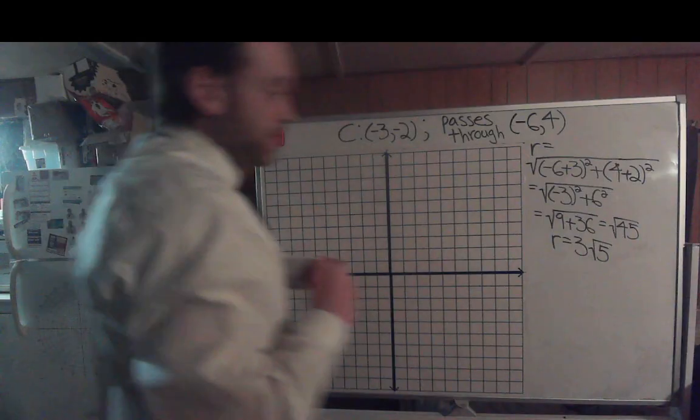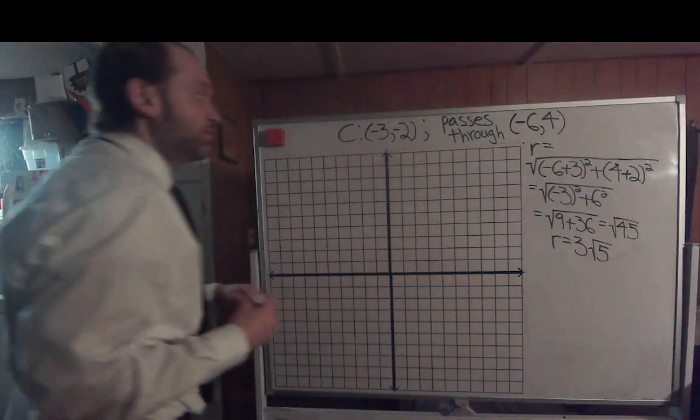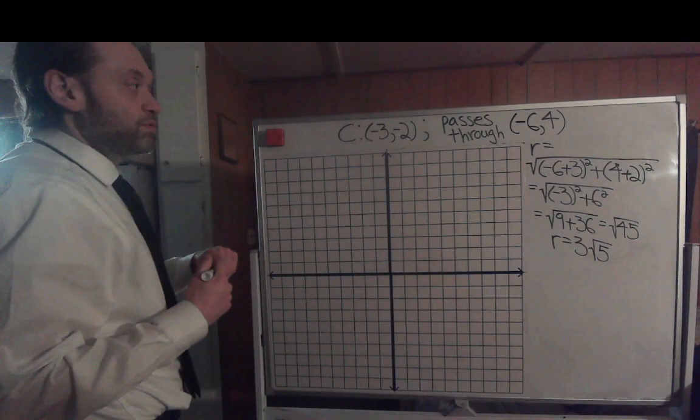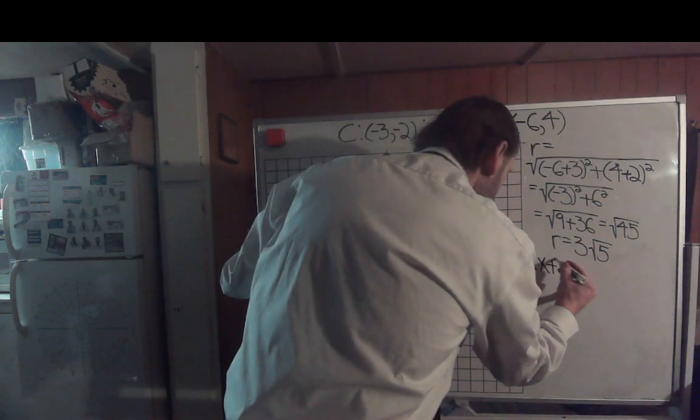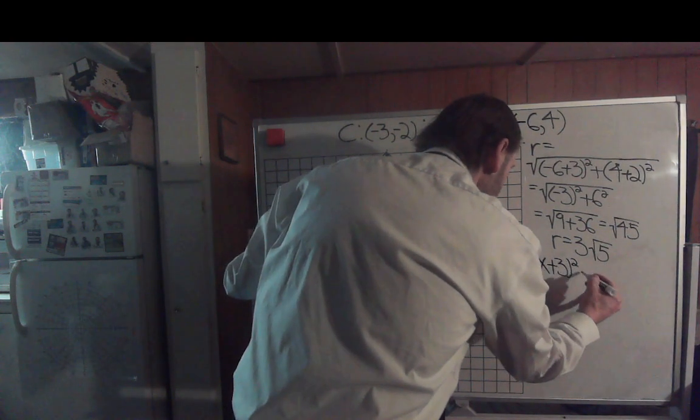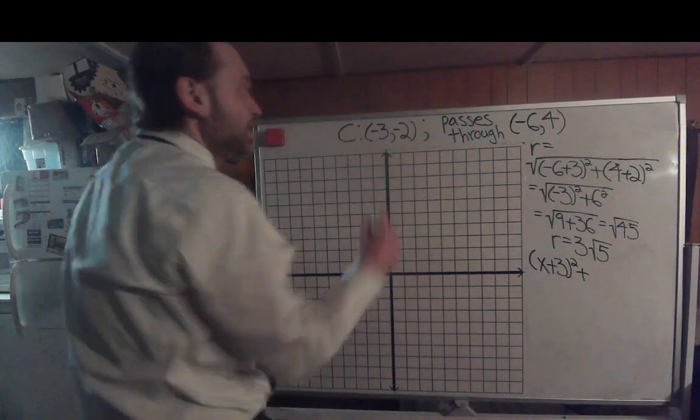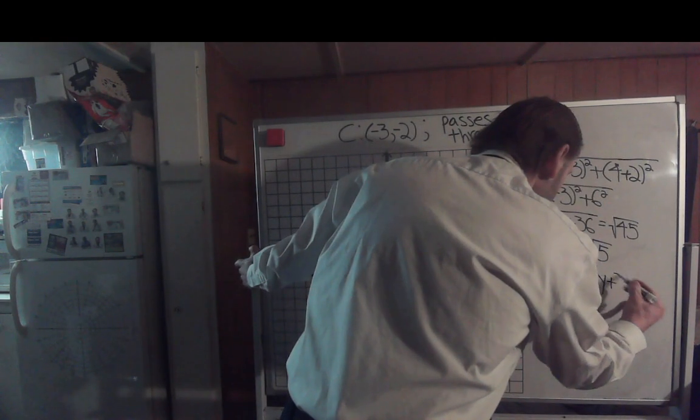So you have a radius of 3 times the square root of 5. Your center is at -3, -2. So, all right, take x minus that -3. That would be x plus 3, that quantity squared for the first part of the equation, plus take your y minus your -2 squared. That would end up being y plus 2 squared equals that 3 times the square root of 5 squared.